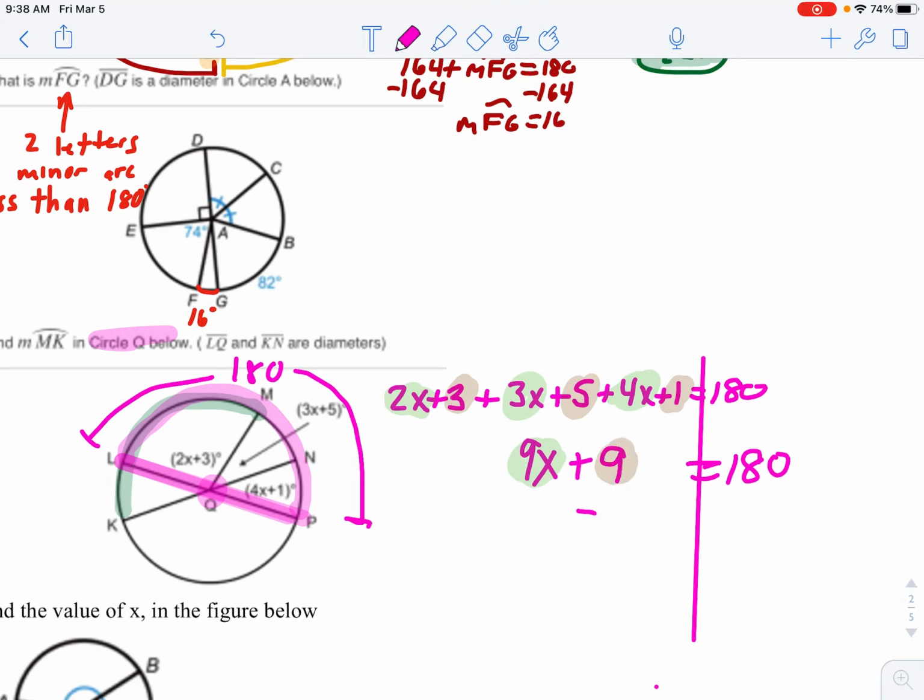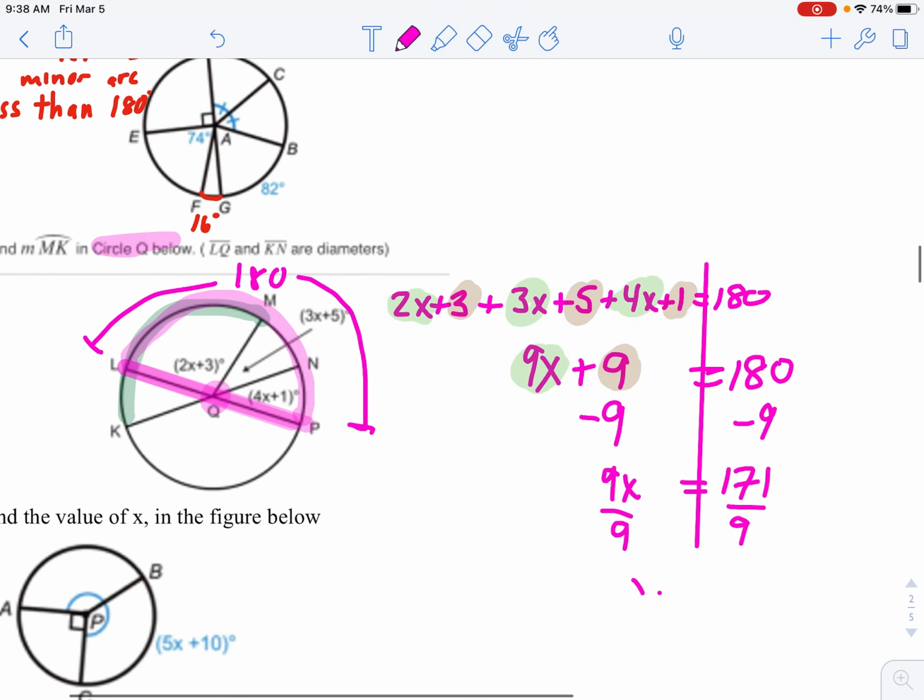Subtract 9 from both sides, and I get 9x equals 171. Divide both sides by 9, and x equals 19.